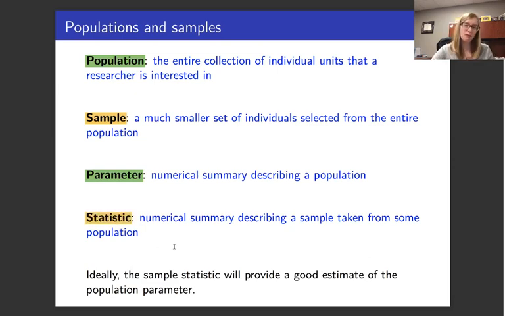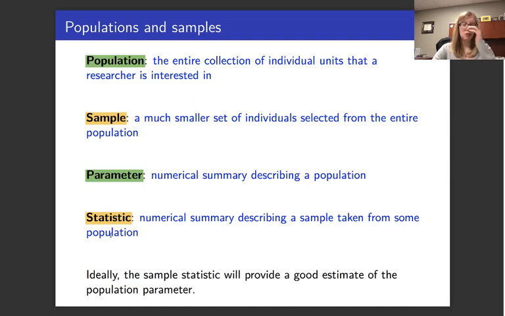Because I don't have information from my entire population, what I'll do is collect my sample and then calculate a similar numerical summary from my sample. So maybe I have a sample of 100 Creighton students, and I'll calculate the GPA for those 100. That GPA calculation, that average GPA, is going to be my statistic. It measures my sample.